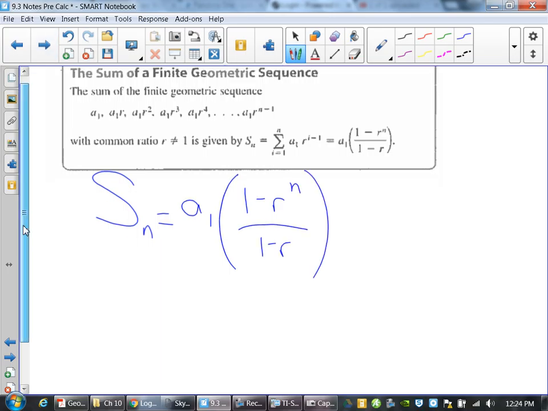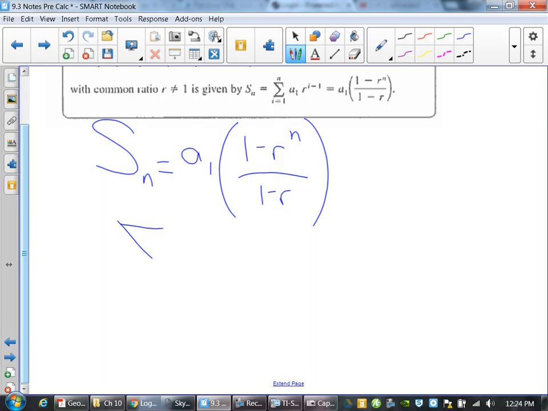This is the same thing as saying the sum as, we'll say x starts at 1 through some value of n, of your first term, r to the x minus 1.